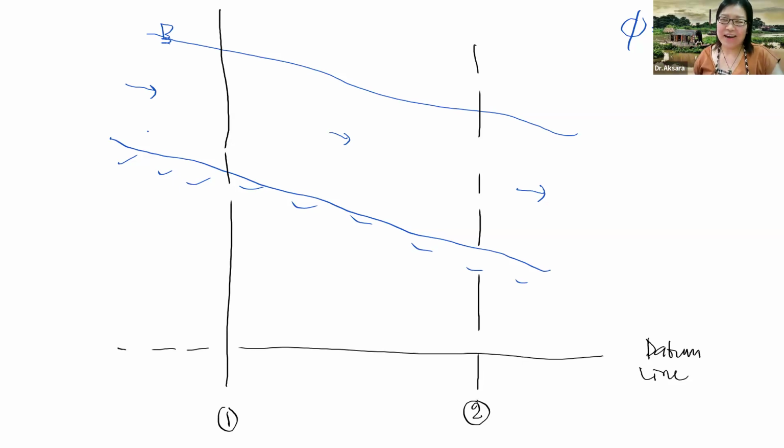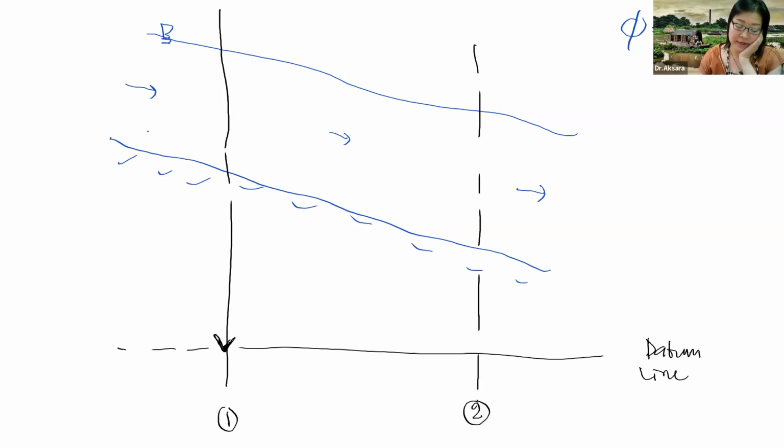The pressure head, we start with the very simple one first. So pressure head is not that simple. I'm going to start with the elevation head first, which is the Z. The Z is the measure from the datum line that I use for the datum in this case.